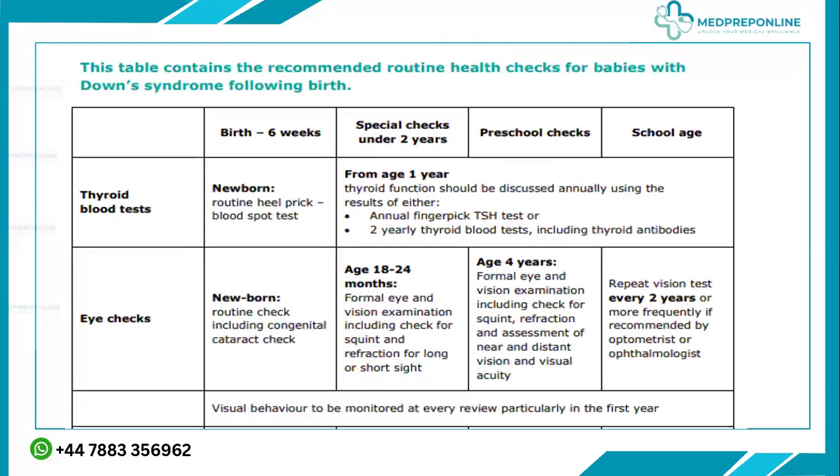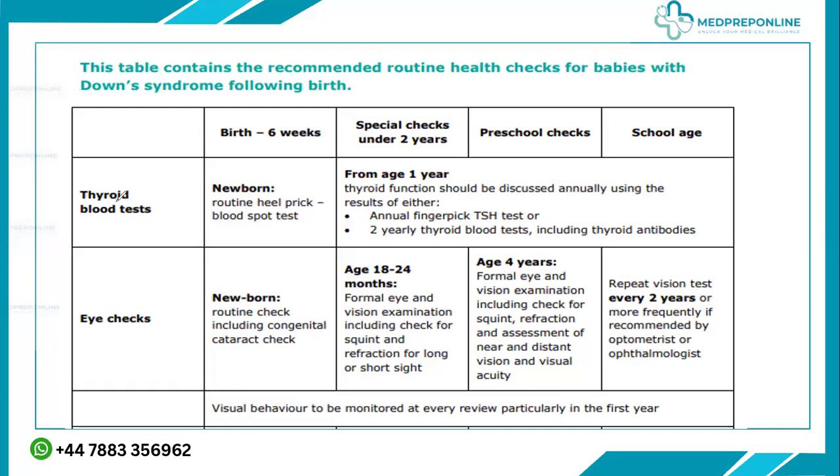Now this is another thing you have to keep in mind: the follow-ups. This wasn't that important in the formal test exam, but it is important for the AKP exam, because there are a lot of associations and complications in Down syndrome, so they go through special health checks in specific age groups.